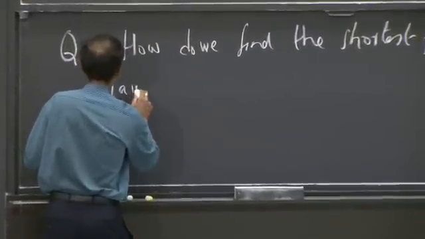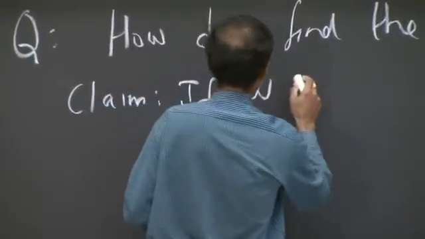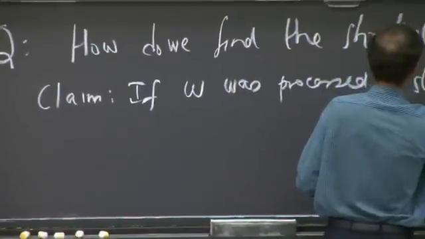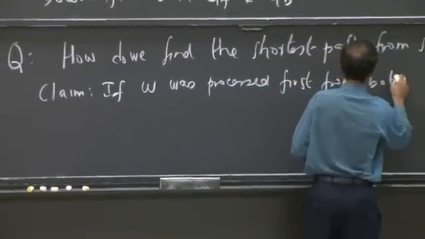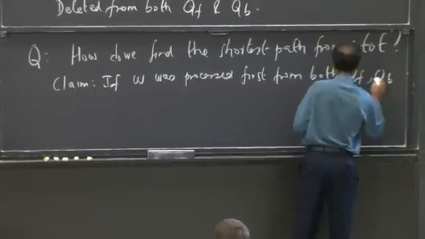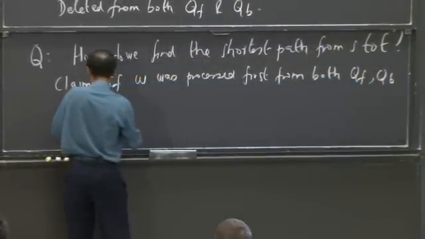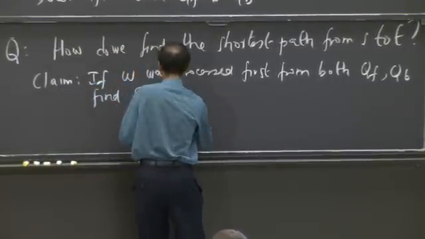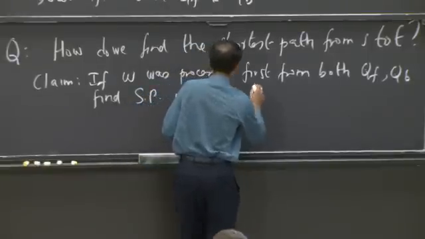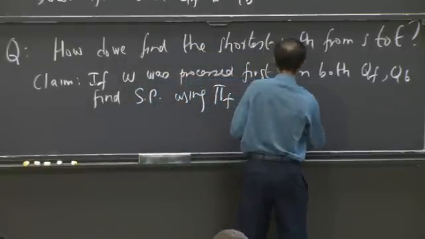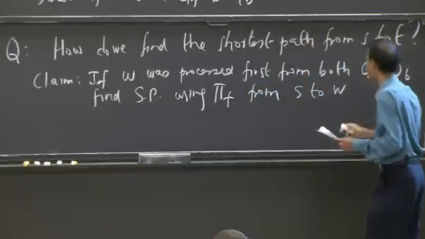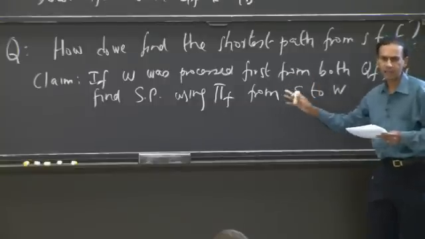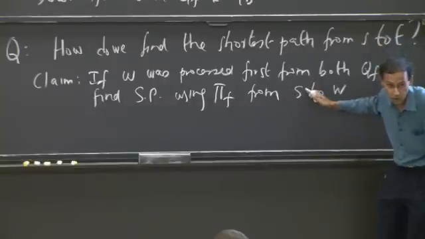So the claim is if W was processed first, or extracted, from both QF and QB, then find the shortest path using pi F from S to W. So you can use pi F to get from S to W, and the way you do that is by applying pi F to W and then keep applying it until you get to S. Okay, this is normal search, right?